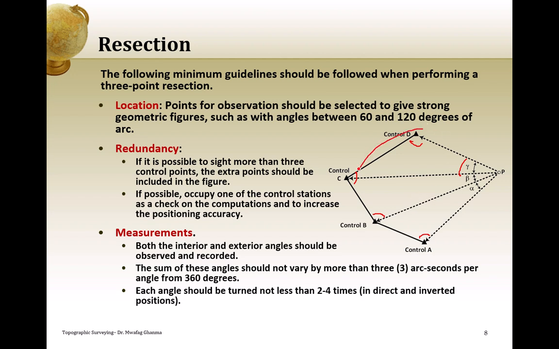Redundancy: usually we do it with the 3 control stations, but if we add one more control station, that will be better for the redundancy of the solution. We will have more measurements, and this will strengthen the solution.